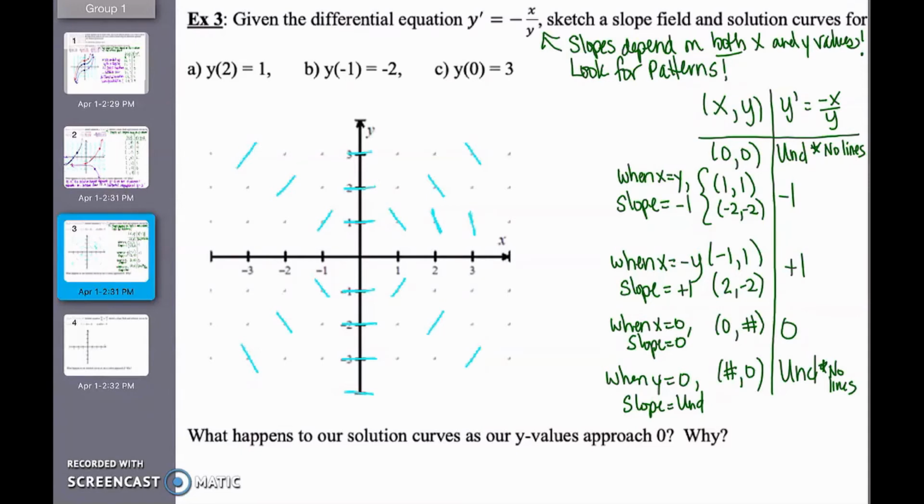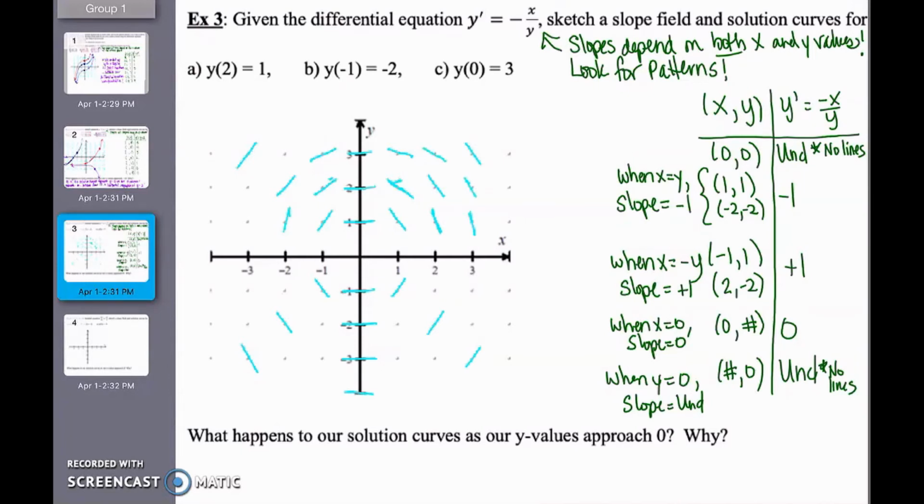Okay. What about when x is 1, y is 2? I end up with -1/2. What about when x is 1, y is 3? -1/3. Okay. So I don't know if you're seeing it yet, and these are all going to be opposites over here, but we're kind of getting this sort of semicircular shape going on here, right?